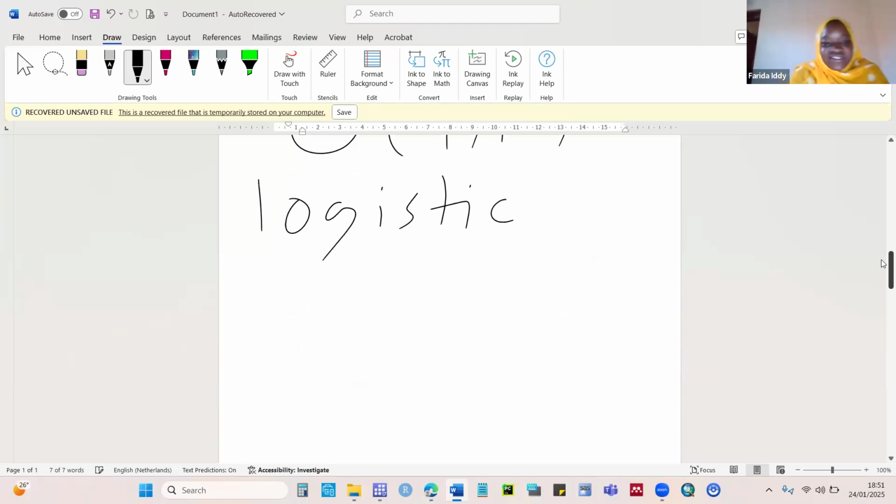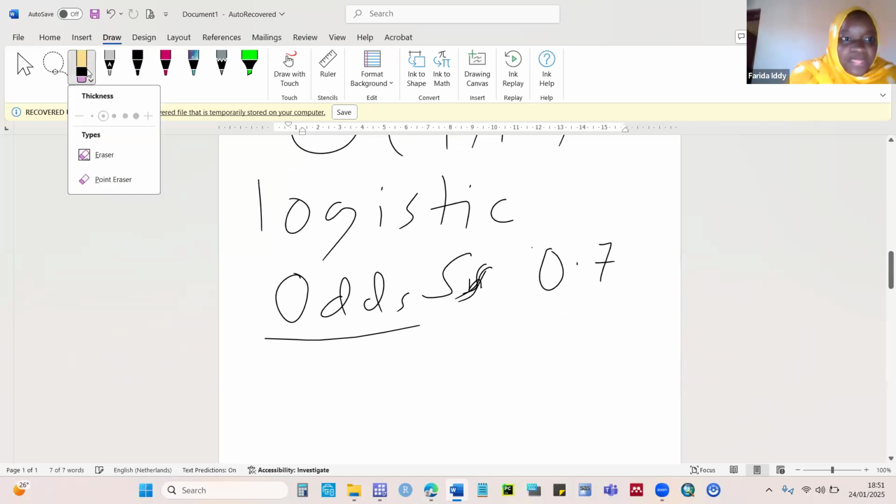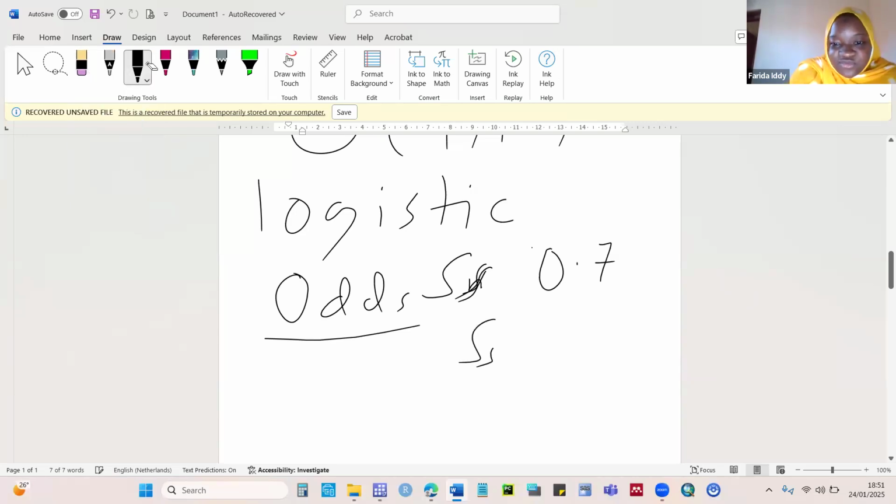And logistic regression will give you the odds. For example, say you get smoking status as 1.7.